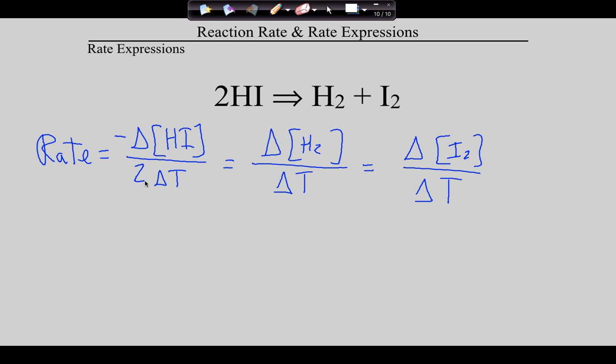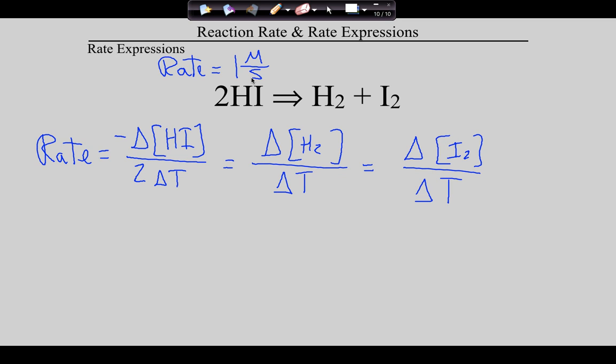Okay, now, I don't have data, so let's make something up. So let's say that the rate of consumption of H2 is 1 molarity per second. Oh, I said H2, I meant HI.